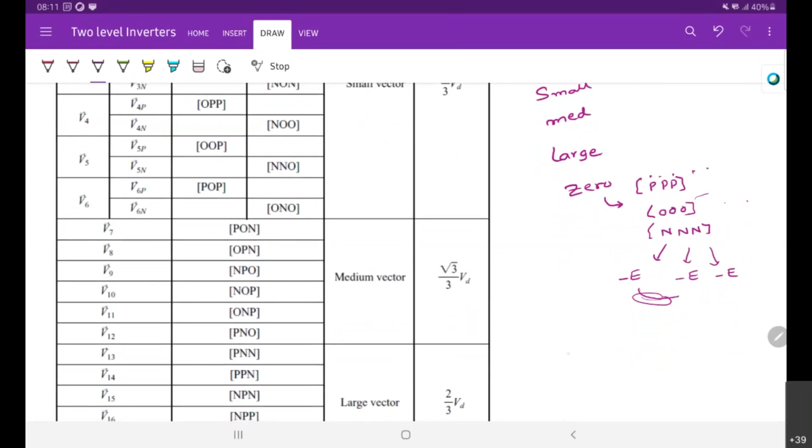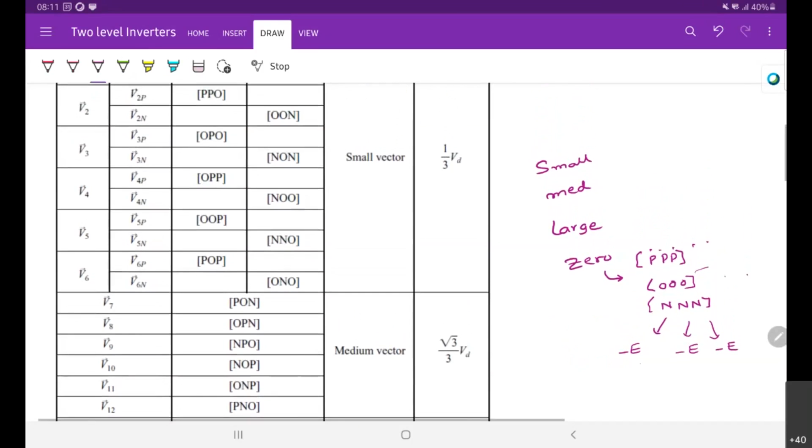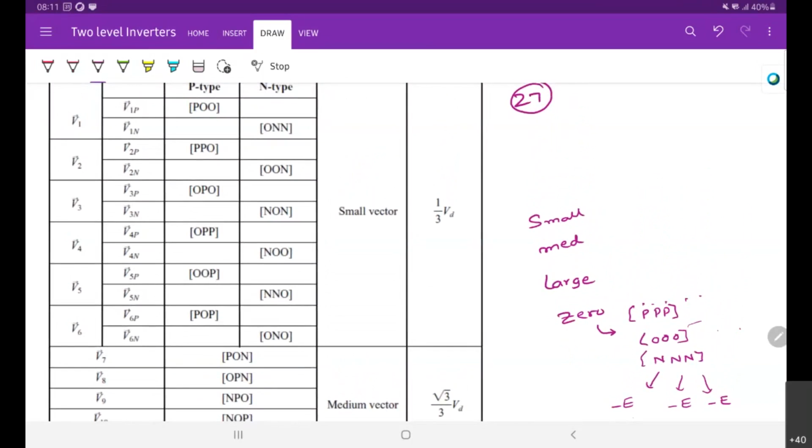Earlier, we discussed 1, 0, 0, that means A phase is at VDC voltage, and the other two are at 0 voltage. Likewise, here it is E voltage, minus E voltage, or 0 voltage. And we have the small vectors.